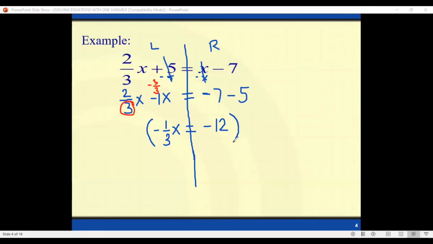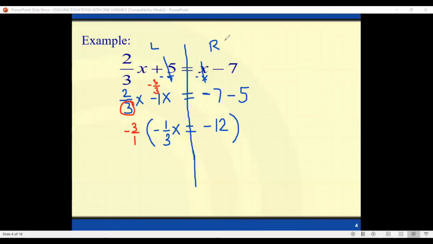So it has something to do with the reciprocal. Okay, so what is that reciprocal? Remember, any number multiplied by its reciprocal gives you an answer which is equivalent to 1. So definitely the reciprocal of your negative 1/3 is equal to negative 3 over 1.